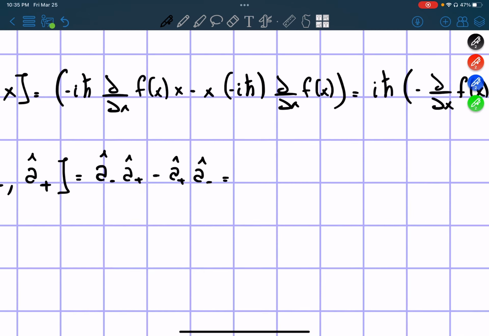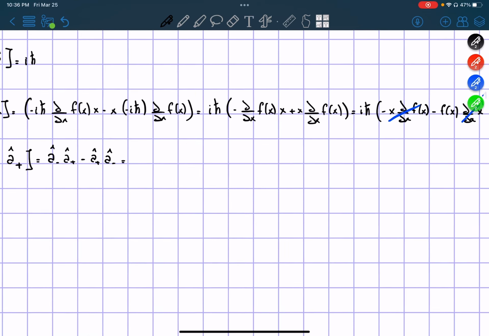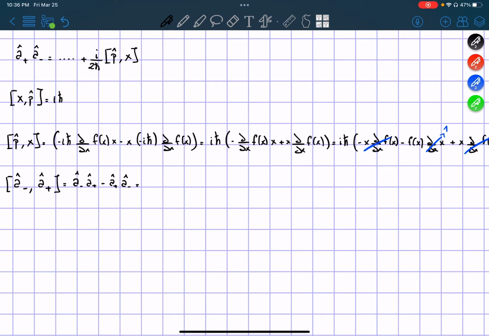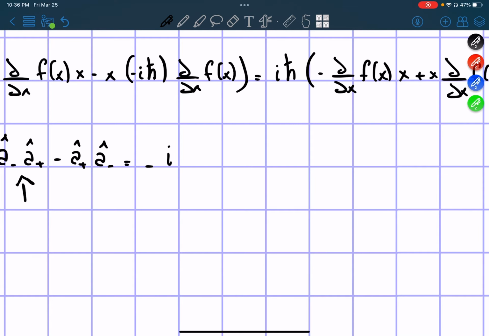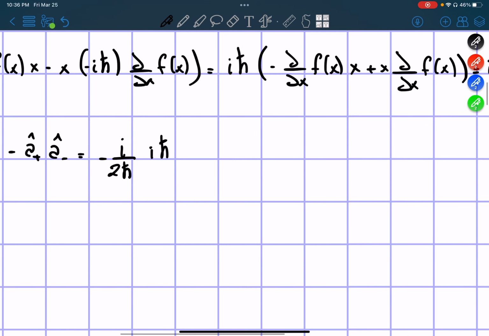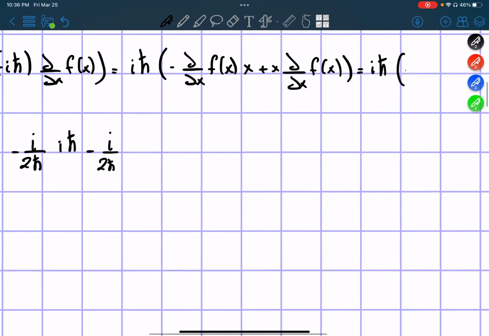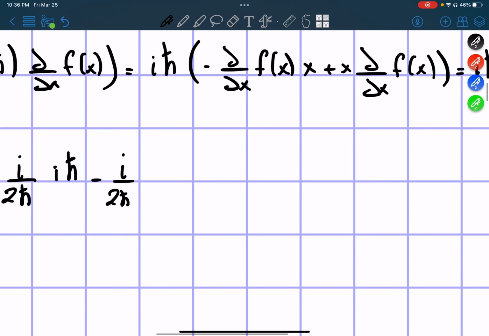So this is equal to, well, the first part cancels, and so we'll just get the commutators, and we said that the first part, which I believe is the part solved in the book, yes it is, gives us negative i over 2 h bar, and then the commutator of x, p, which we said is equal to i h bar. Then we're going to have minus, again, i over 2 h bar, and then we're going to have a negative i h bar.